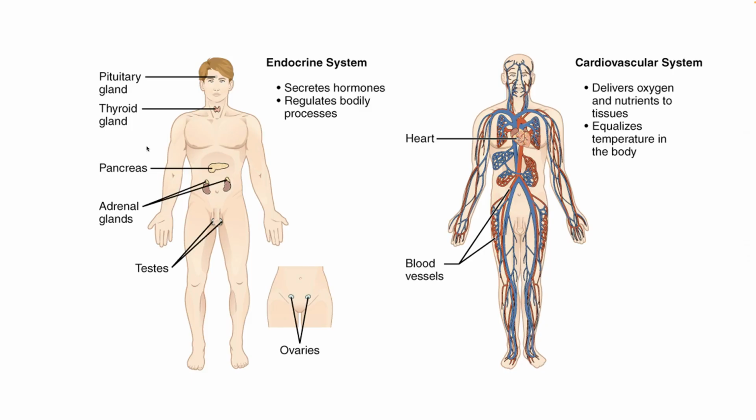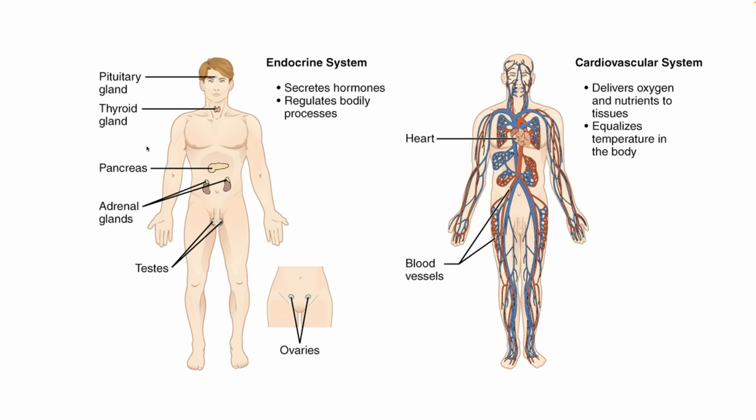So the endocrine system. Many glands are part of this system. The point of the endocrine system is to produce and or secrete hormones. So hormones are chemical signals that are released into the bloodstream. And these have an effect on cells that have receptors for these particular hormones. So they do a wide range of things.